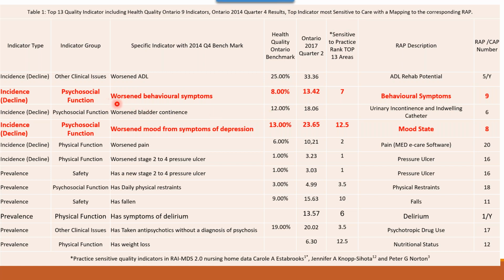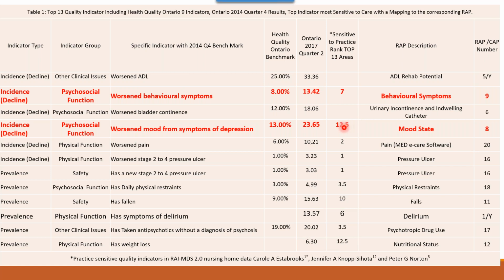And we see that of the quality indicators we're looking at today, the worsened behaviors and the worsened mood are both part of the Carol Esterbrook top 13. You can see the behaviors are the 7th easiest for us to have an impact on, and worsened mood is the 12th, well, let's just say 12 because there are 2 12s, as they came out as a tie.